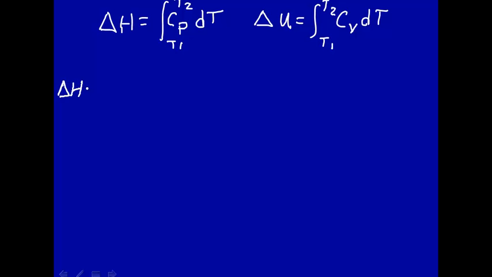So delta H will be the integral from one temperature to another temperature of the heat capacity at constant pressure from the Shomate equation.